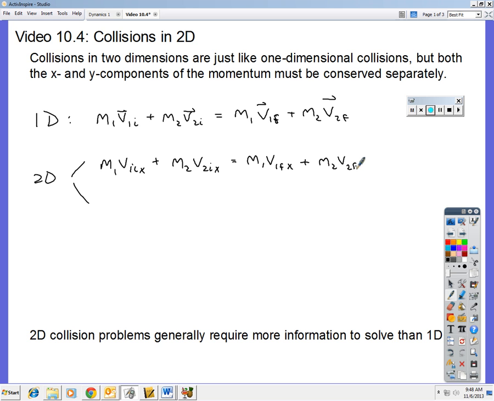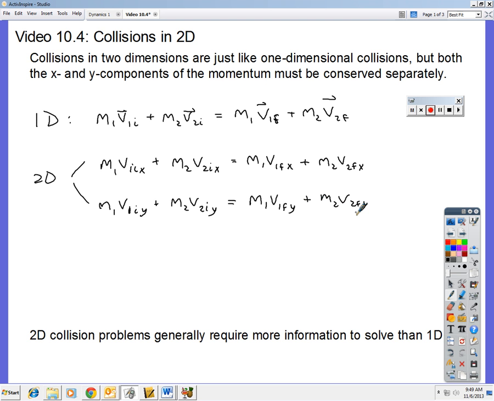And similarly for y. Basically, it's the exact same equation, but with y's substituted for all the x's. So you have two different equations for momentum conservation.